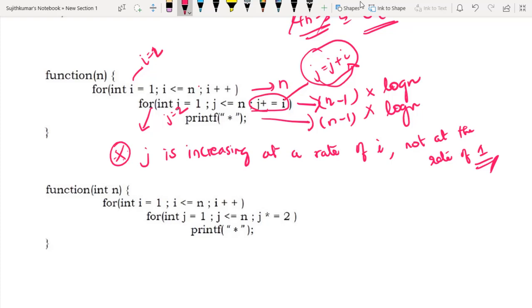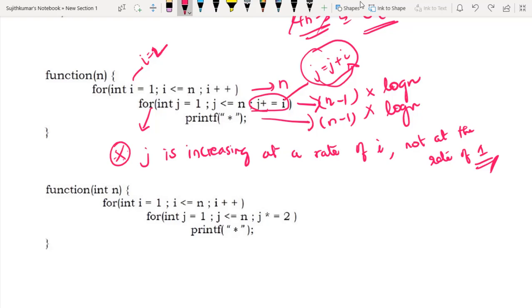When I say i becomes 2, then j will be incremented in this manner: 2, 4, 6, 8. So j will be incremented in this manner when i equals 2. Since j depends on i, it will not execute for the whole n times, it will execute only for log n times.